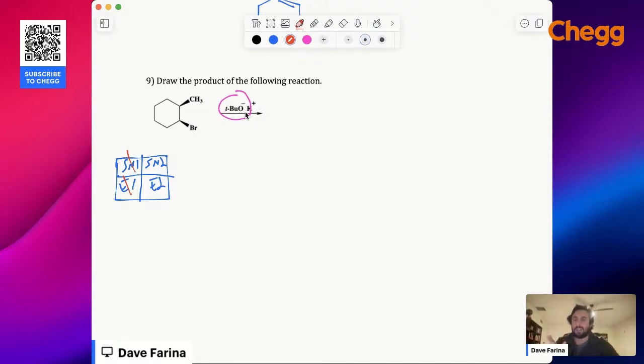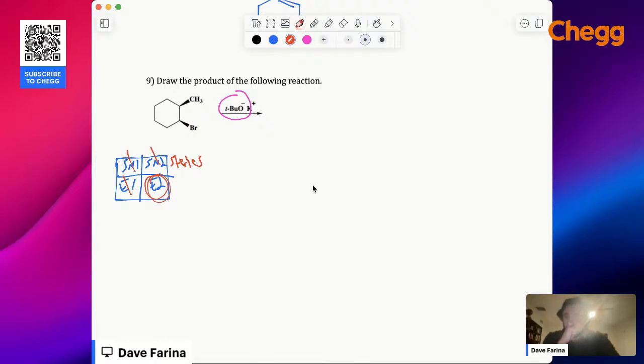But we have tert-butoxide. Tert-butoxide is the quintessential, the classic E2 base, because it's so strong that it's going to do SN2 or E2, but it's so bulky that there's too much activation energy. The activation energy associated with this bulky base approaching the molecule and coordinating is too high. It's not going to be able to coordinate. It's going to do E2, right? So no SN2 because of the sterics associated with the base.